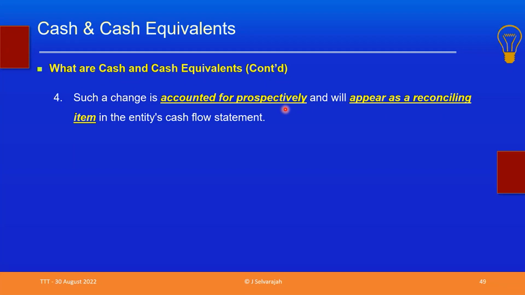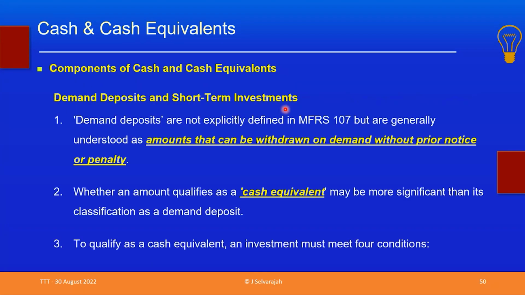So we have to change it moving forward, not retrospectively, because at the material time, the decision was cash management. But now the decision has changed. So we cannot go back and change the comparative. It'll be now. All right. So it's a reconciliation item in the cash flow statement.